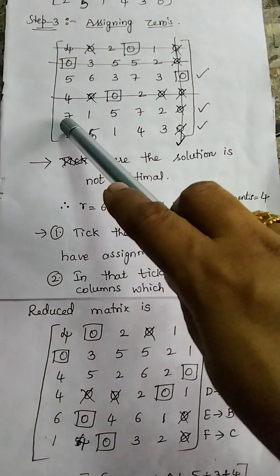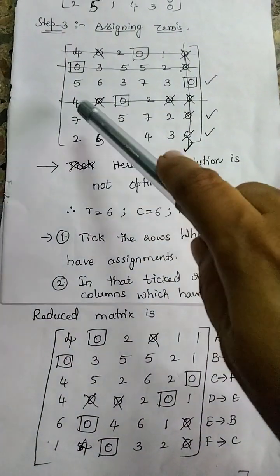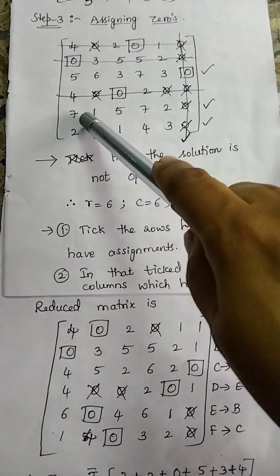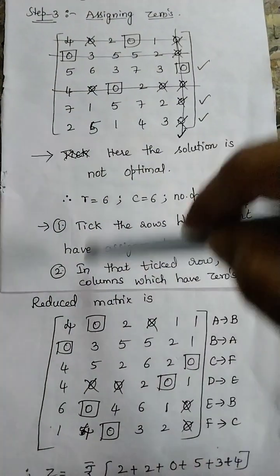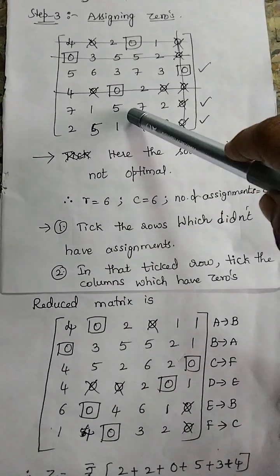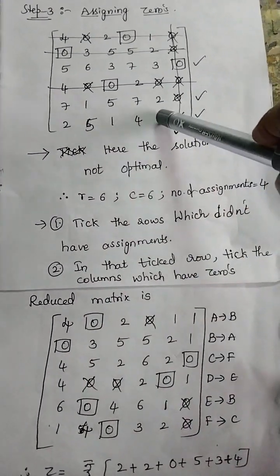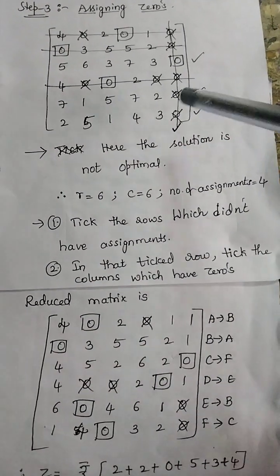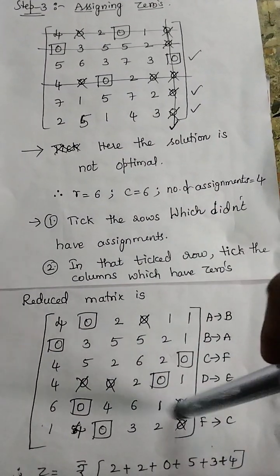And here it is an uncovered element. What are you doing? You are going to subtract one value. 7 minus 1, 6. 1 minus 1, 0. 5 minus 1, 4. 7 minus 1, 6. 2 minus 1, 1. And 0 and 0.